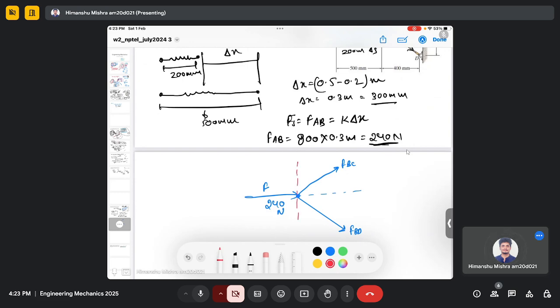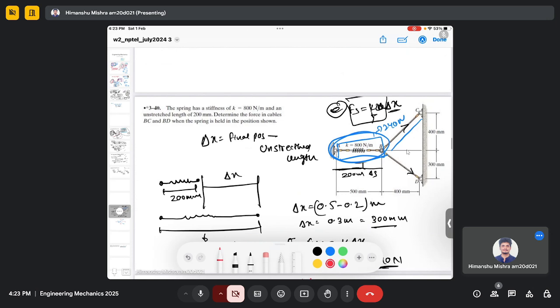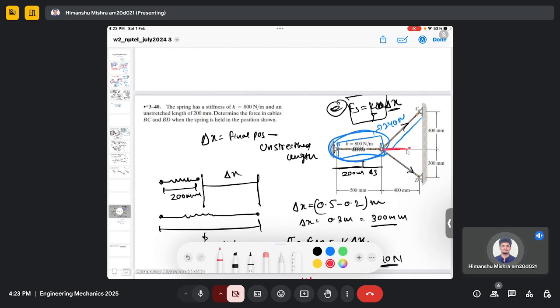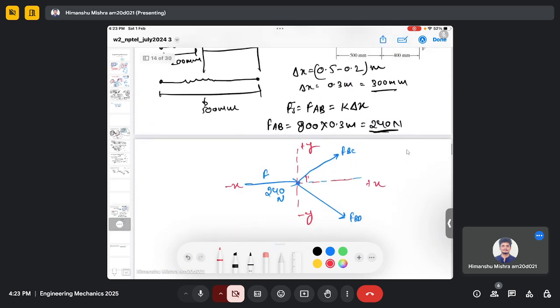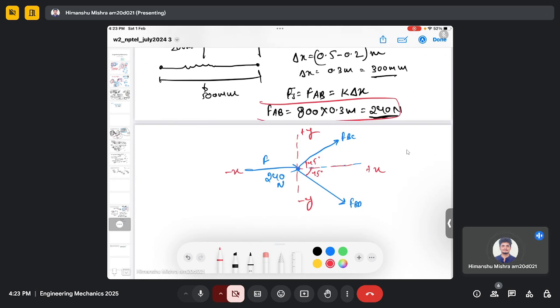So this is positive x, positive y, negative y, and from the diagram you can see it actually split equally. So this is 90, and it splits equally, which means this should be 45, this should be 45, just by inspection here.